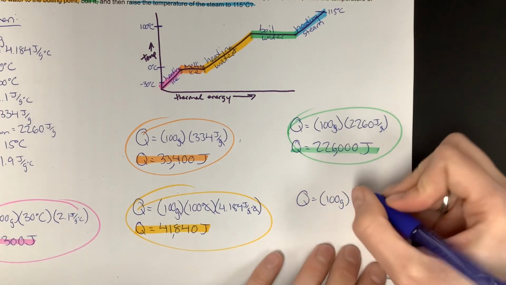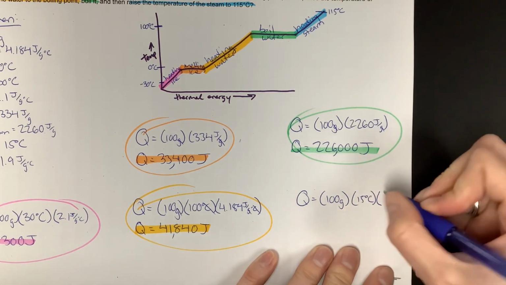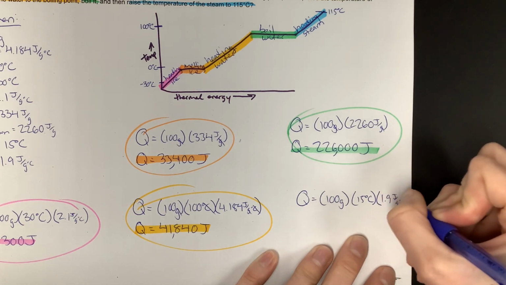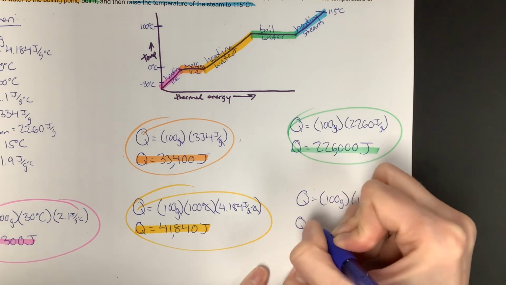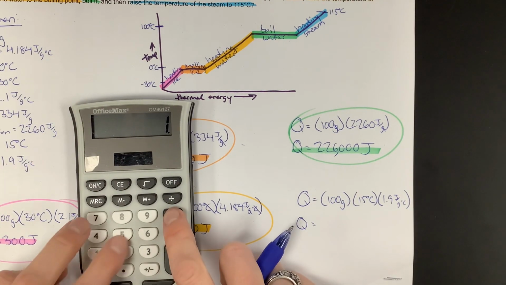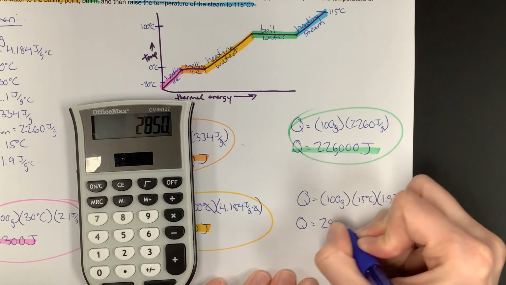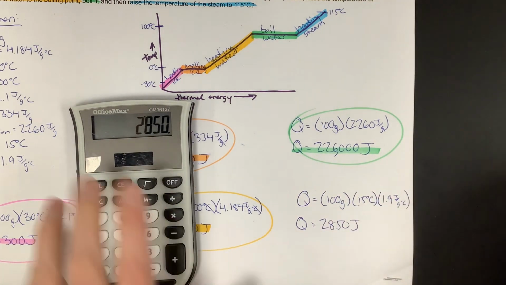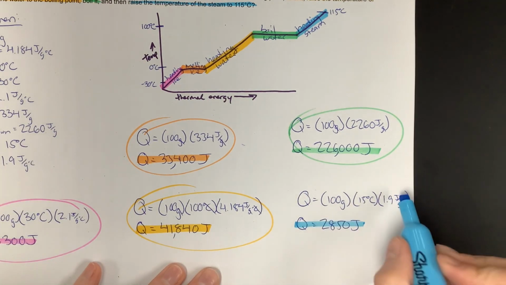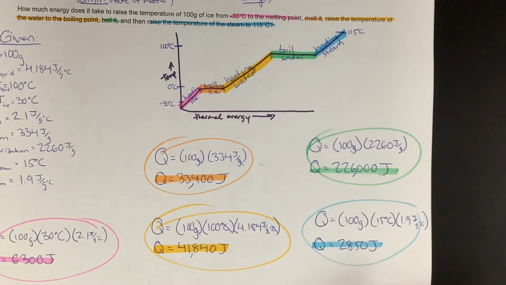So 100 grams, we're heating it 15 degrees in steam times the specific heat of steam. Okay, that's the last part. How much energy it takes to heat the steam up to 115 degrees.